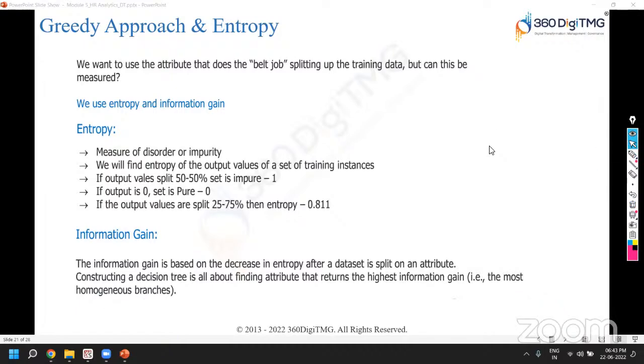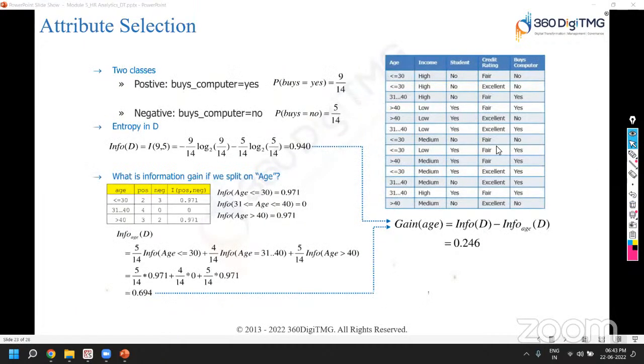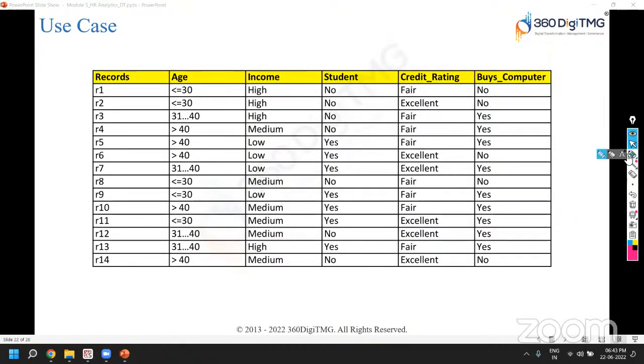The formula to look at this is given here. This is a calculation. Let me talk about the formula here.